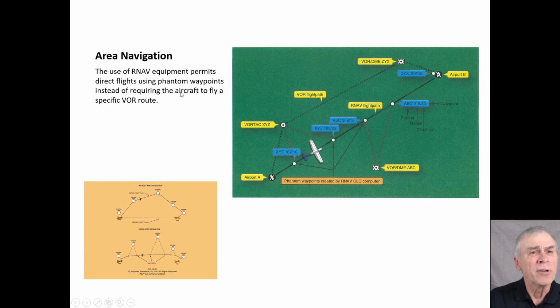The system will actually create one for you, and you can kind of set your own navigation through the area. And so these blue little waypoints, they're not really signals that are being transmitted, but your aircraft is actually using them to go from point A to point B. And it's basically using some real information from the VOR or the airports themselves, or the VORTAC over here, or this VOR over here.